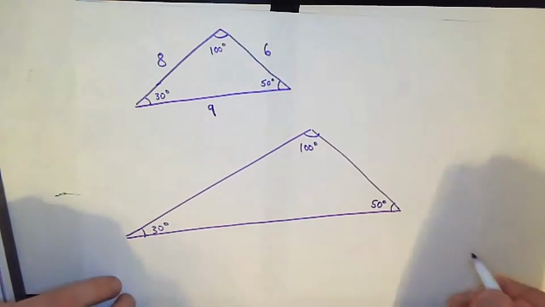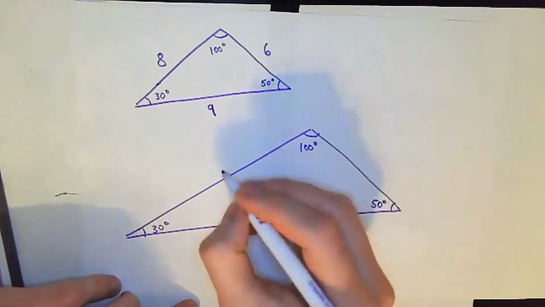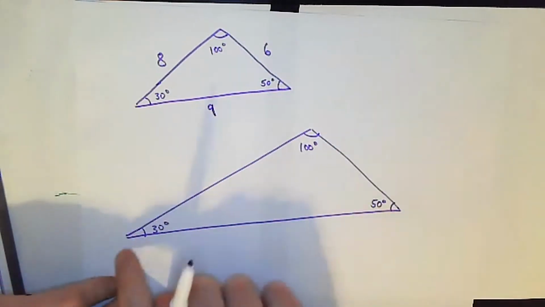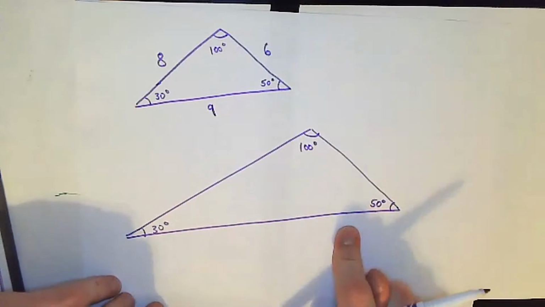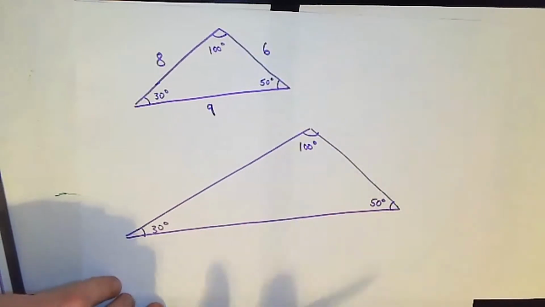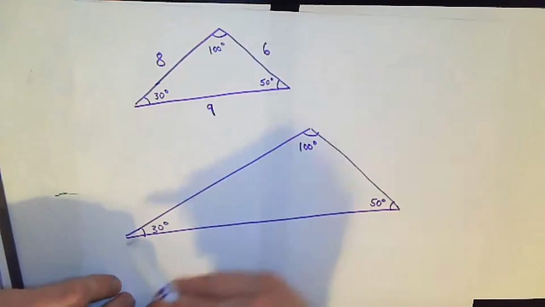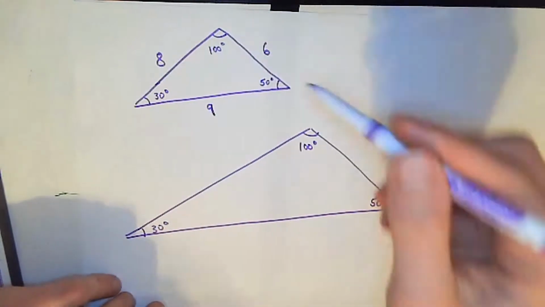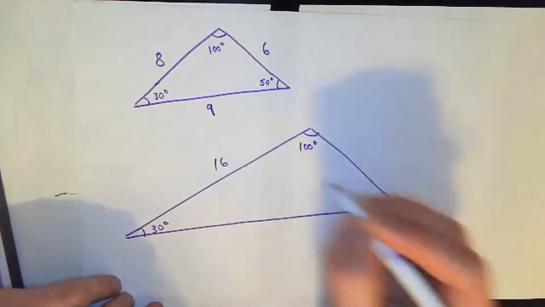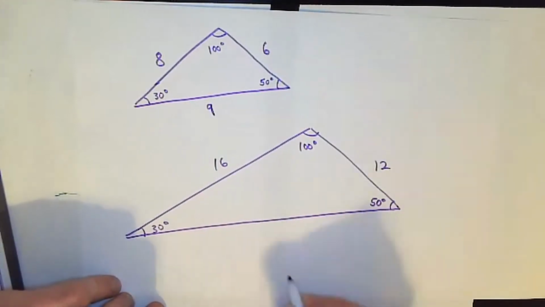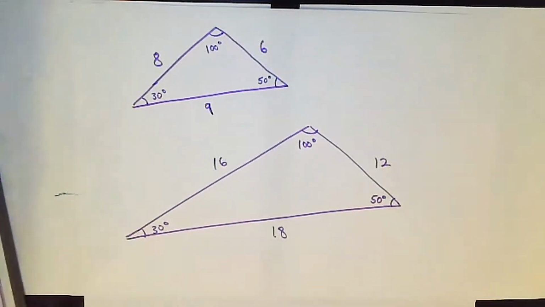So if I want to show you two triangles that are similar to each other, what that means is I've basically scaled the triangle up and all of the angles have maintained the same size, and the side lengths should be proportional. So if I say this is twice as big, that side length should be 16, this one should be 12, and this one should be 18. The side lengths should be proportional.